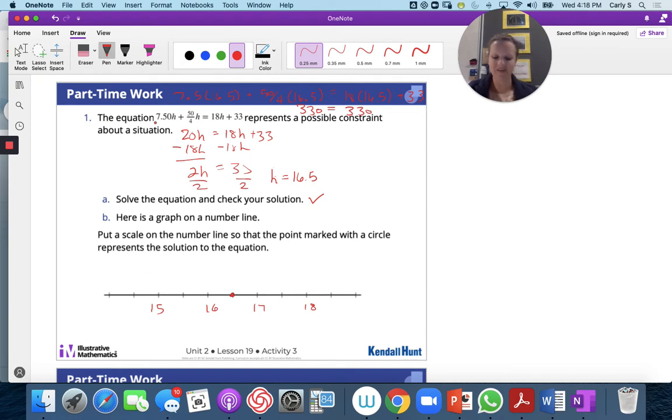If I pick a smaller number, let's say I only worked 10 hours, the hotel job would be $213, and the restaurant job would be $200.